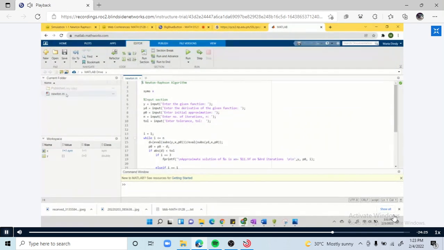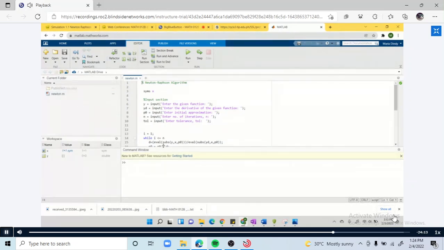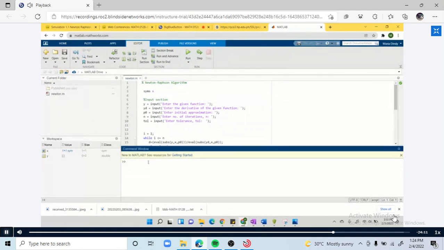Save as newton.m. Meron na ako sa left side ko, ginawa ko siya kanina. Tapos, eto na ngayon yung function mo, Newton. Dapat pag in-enter mo sa command window, kung walang errors yung codes mo, meron ka ng function ng Newton, hihingin niya na sa'yo yung given function mo.